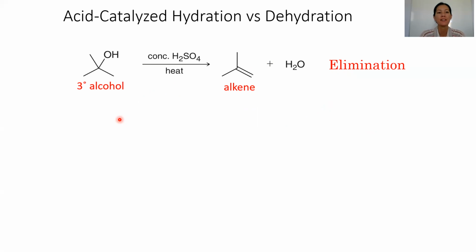Okay, let's take a look at this acid-catalyzed dehydration, and also we're going to see addition exemplifying this. You can take this tertiary alcohol, heat it with concentrated H2SO4, you could generate the alkene in an elimination reaction.